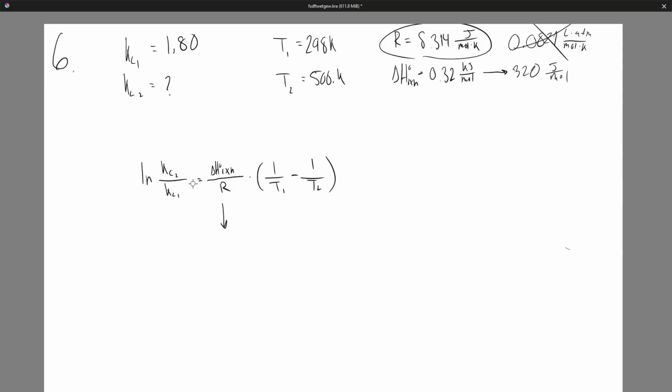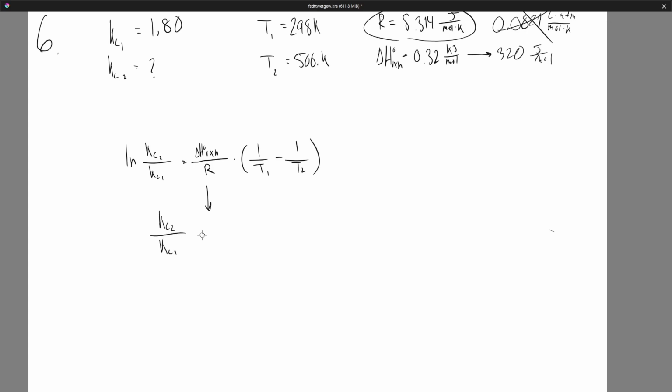So the first thing we do is get rid of the natural log. In order to do that, we raise both sides to e. So that's how it will look. It'll be Kc2 over Kc1 equals e to the power of this entire thing right here.